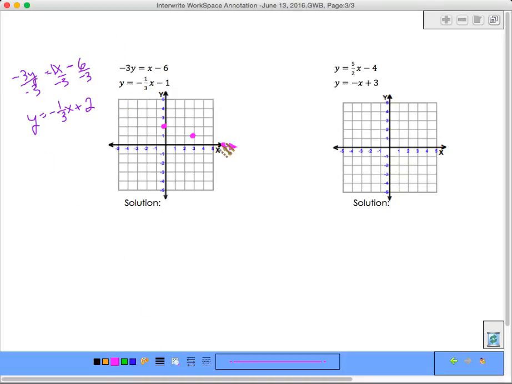And I'm going to draw that line. Okay. All right, the second line, already solved for y, so my y-intercept I can see right here is negative 1. And then it's going to go down 1 over 3.